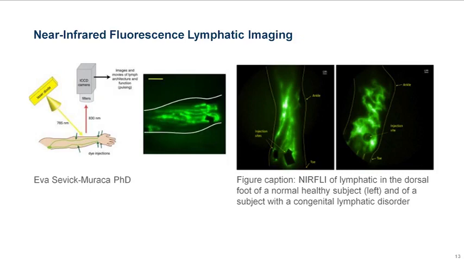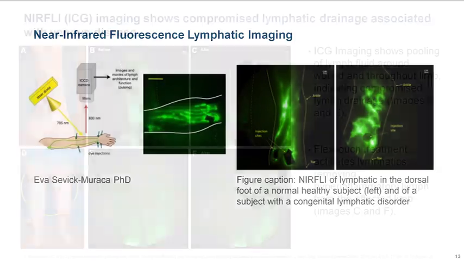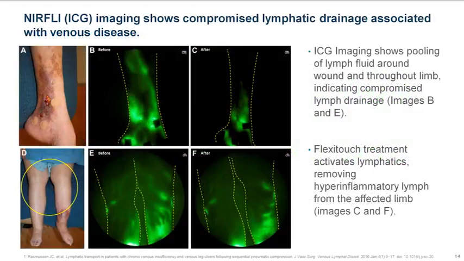However, in a patient that has congenital lymphatic disorder, there's significant dermal backflow. When this was performed in patients that had C6 disease with open venous ulcers, it demonstrated significant dermal backflow, and with the use of an advanced pneumatic compression device, there was significant clearing of the subdermal lymphatic collections. This is also noted in the patient that has C4 disease in the lower panels.